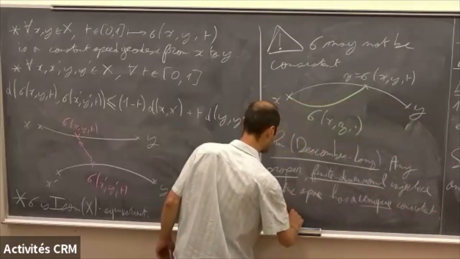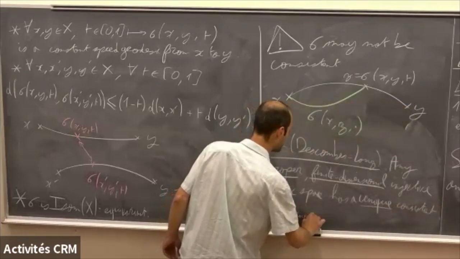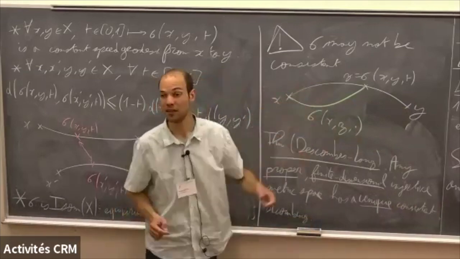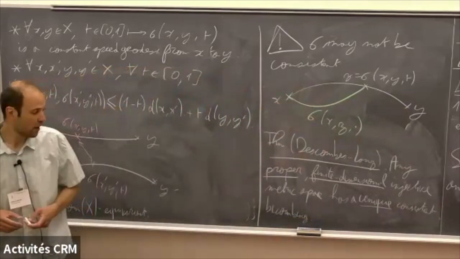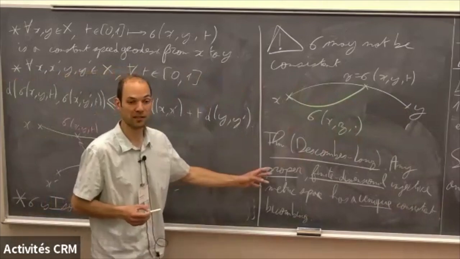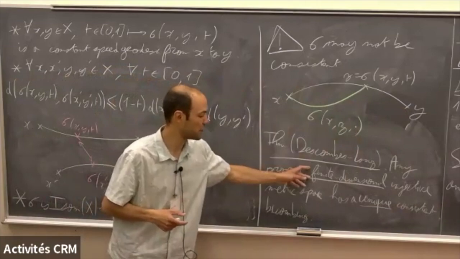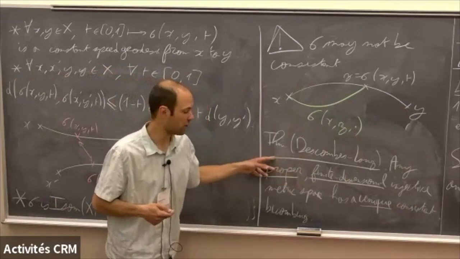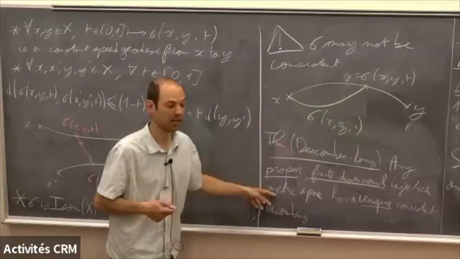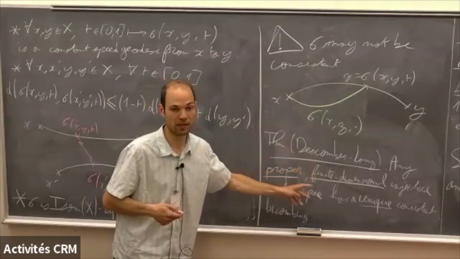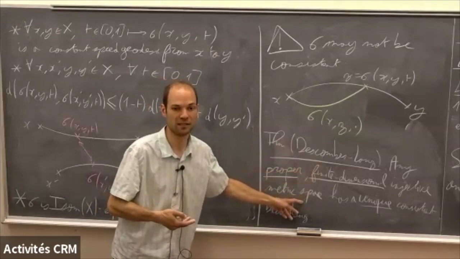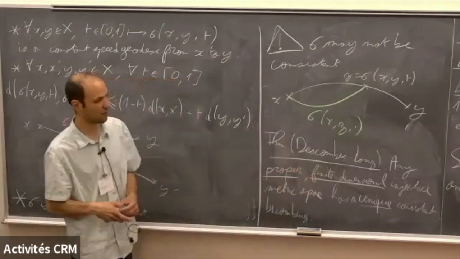So I do not write the definition of consistent, it's as you say. There are two important assumptions here. Proper means both complete and locally compact, and finite dimensional. In fact, properness is used to prove the existence of a bicombing, and finite dimensionality is used to prove the uniqueness, in case of existence of a consistent bicombing.